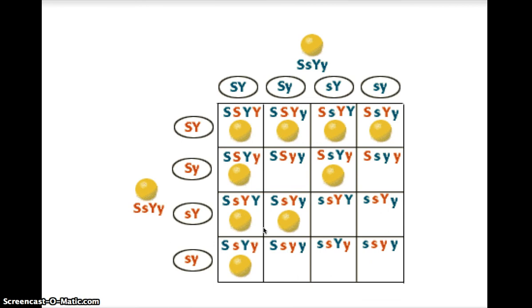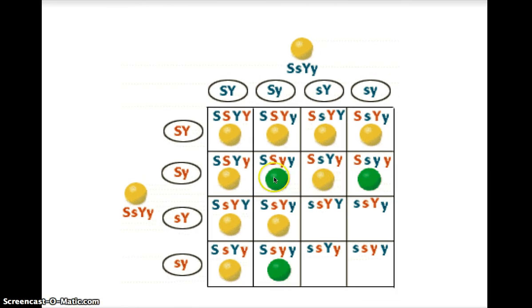If you then looked at some of the other combinations, here would be a smooth pea, but it would be homozygous recessive for green. Same thing here. There's the dominant allele that would cause that one to be smooth, the dominant allele that would cause that one to be smooth, but homozygous recessive in all of those green cases.